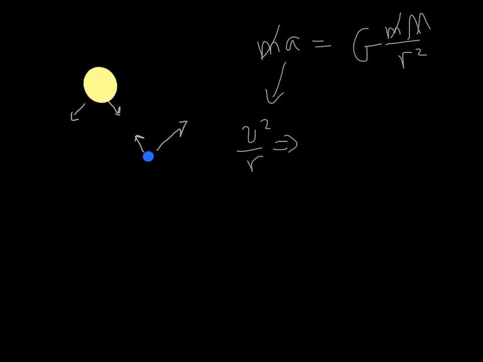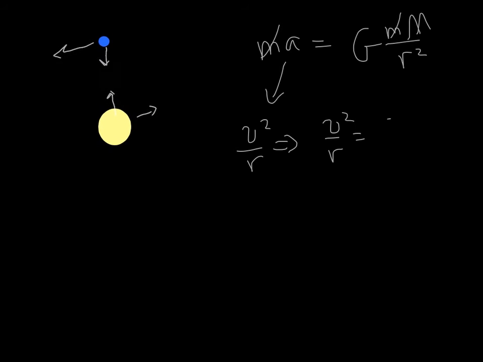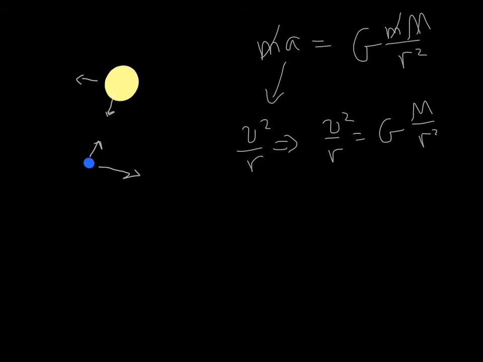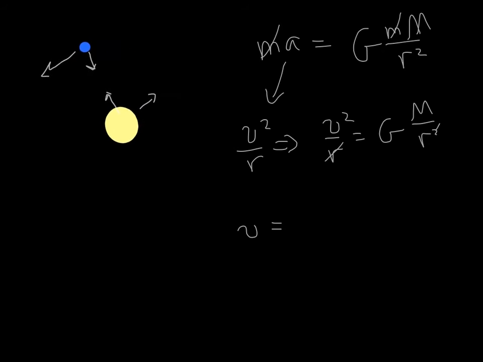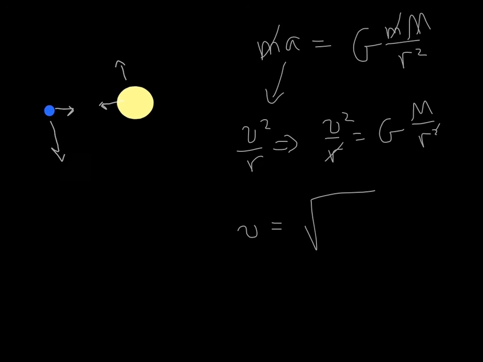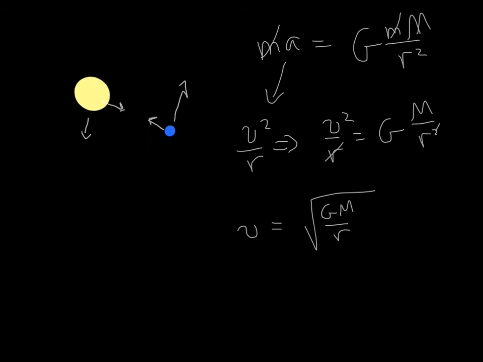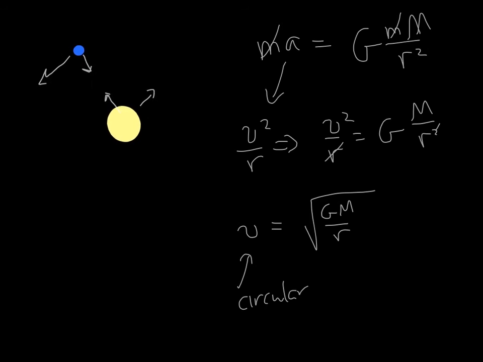Put that in, and then what we get is v squared over r is GM over r squared. Now notice you can cancel one r, and you get that the speed of a circular orbit is the square root of GM over r. That's for circular orbit.